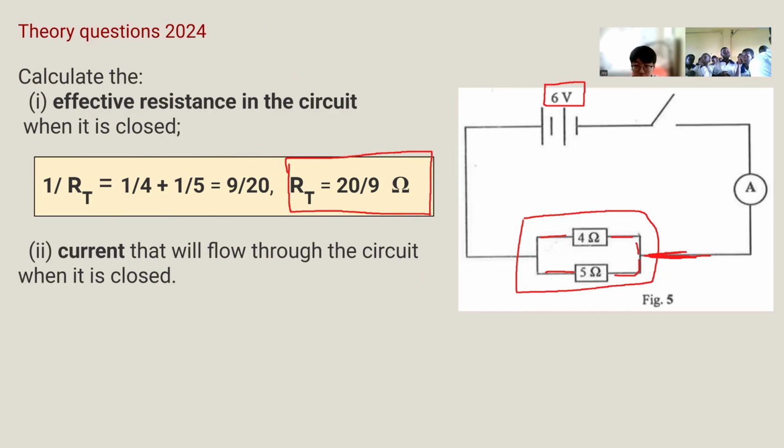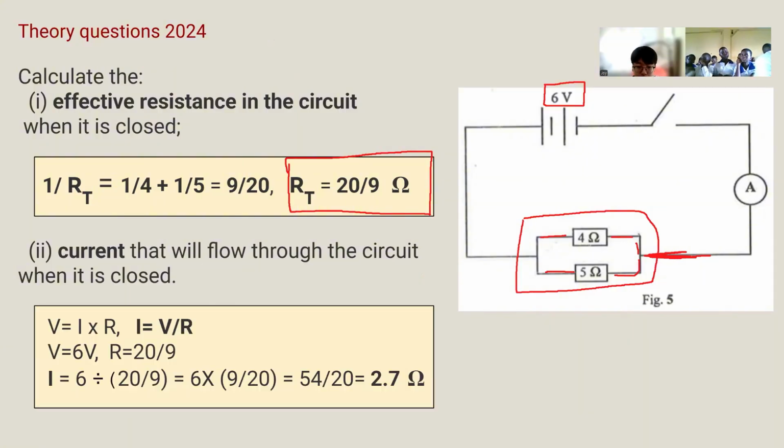Then that's 2.7. Okay, I think you know how to solve this question, but you might be stuck a little bit in calculating.